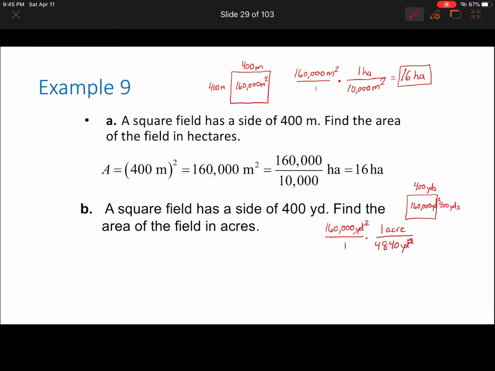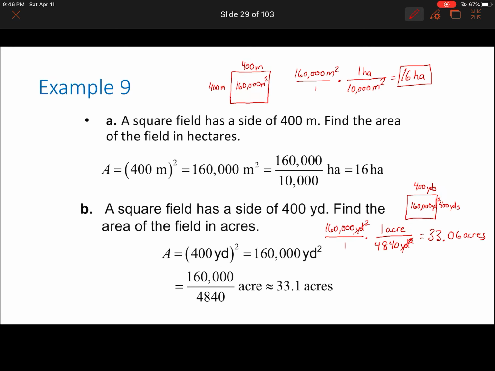And so the yard squared is going to cancel, and we're going to get to the acre. When you take the 160,000 and divide it by 4,840, you end up with approximately 33.06. I think the slide here is going to round it to 0.1 acres, so you can see it rounds to 33.1. But it's taking that yardage and converting it to the acres.